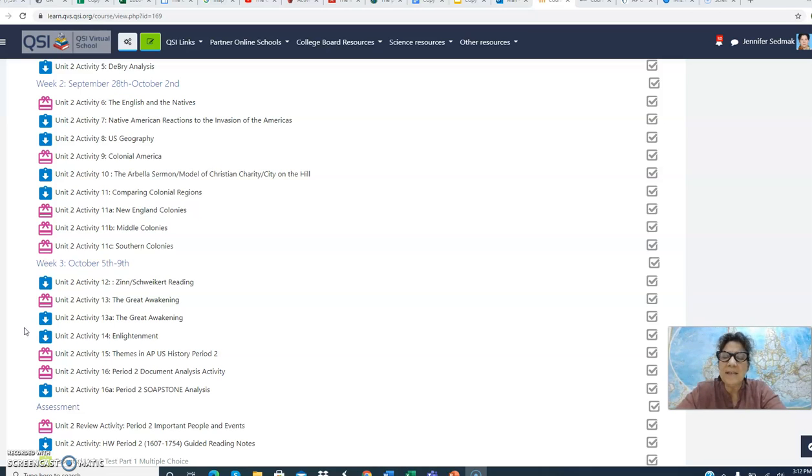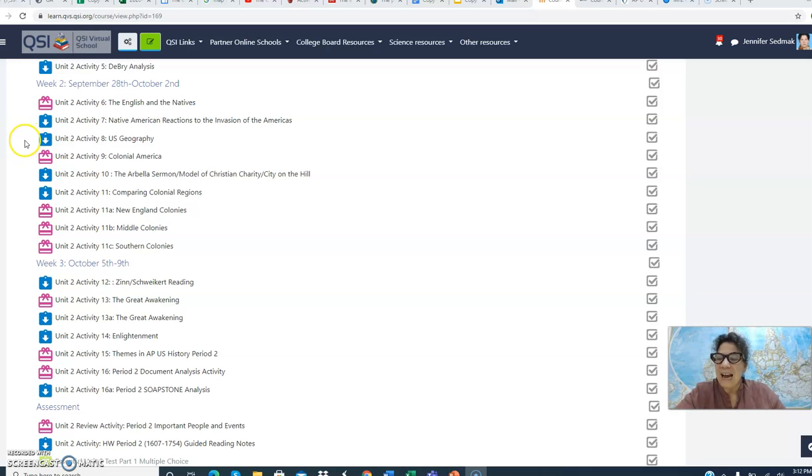You'll see in some instances those relationships were positive, but in most cases, the relationships over time soured as English settlement began to encroach upon native territory. You'll especially look at that within the context of Activity 7 here, as we examine some of the reactions that Native Americans had to the invasion of the Americas by the English.